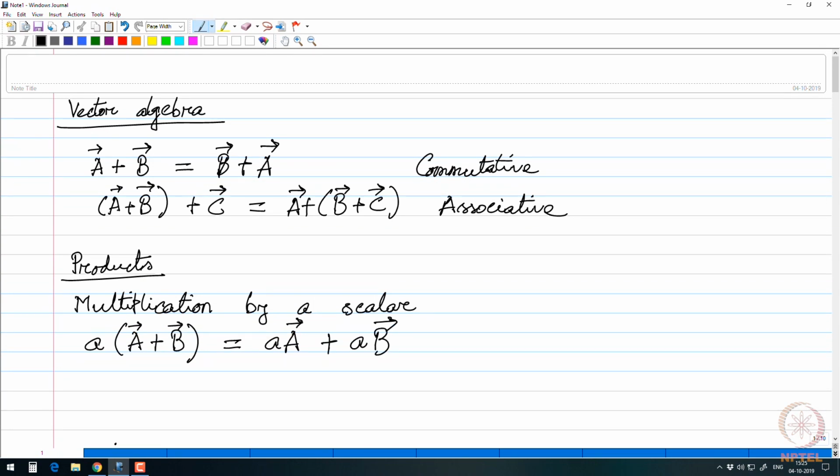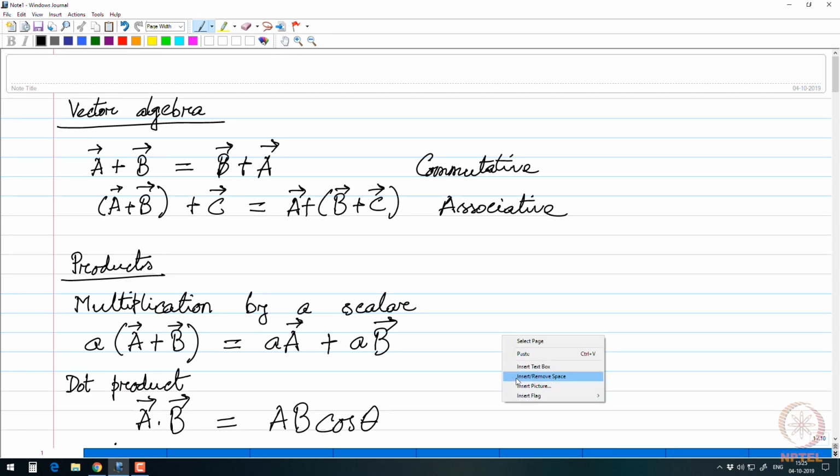Now comes the product of two vectors. One type of product is called the dot product. Here A dot B is given as AB cosine of the angle between the vectors.